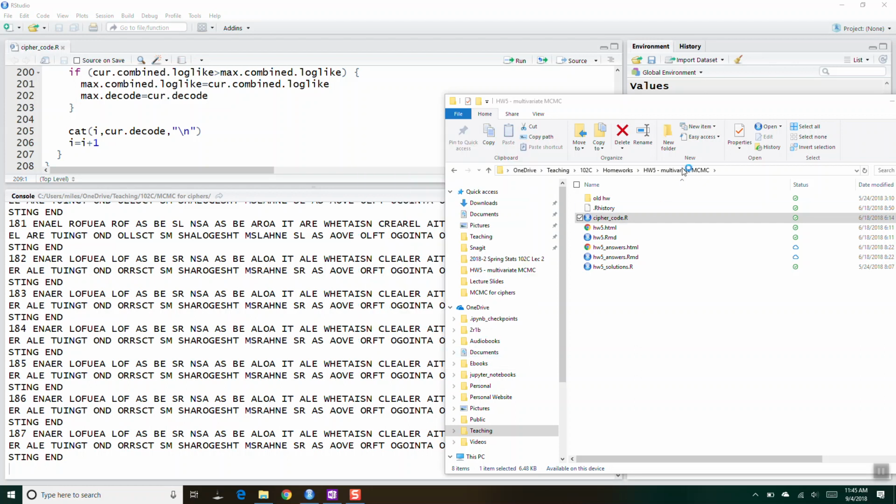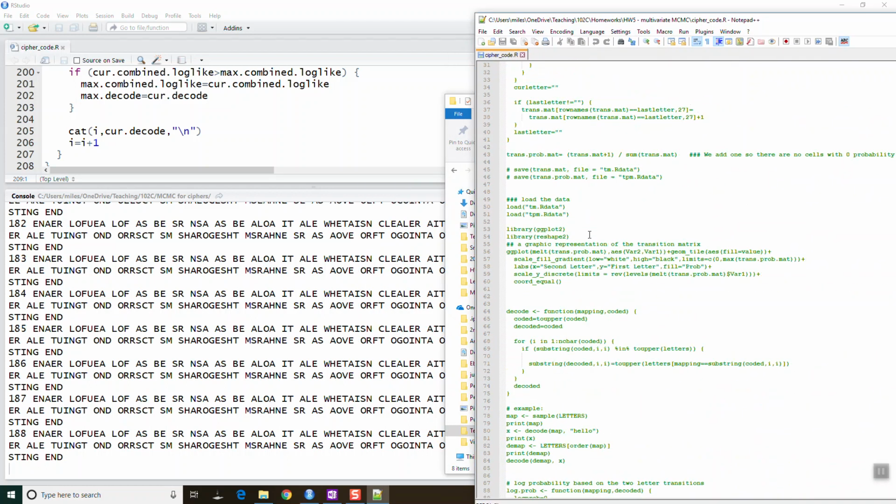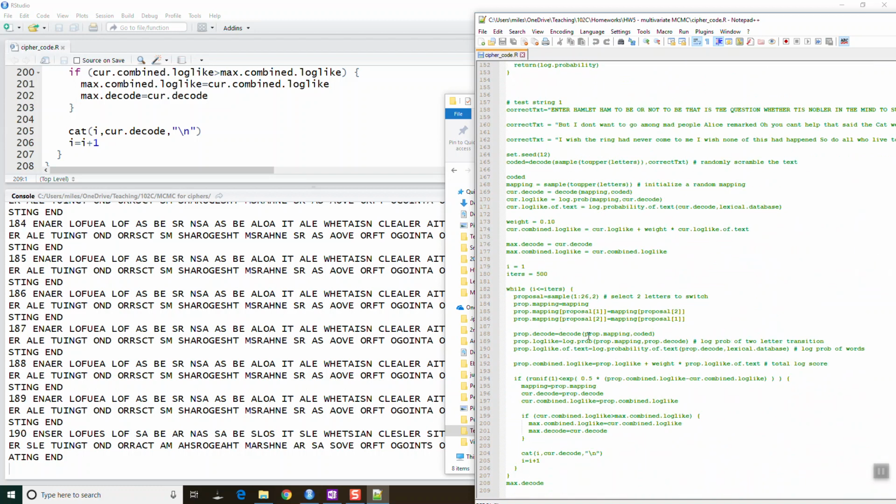Let me check this code and see if it's any better. Okay, still have this. All right, maybe this is what I was supposed to use. I don't know. That seems weird.